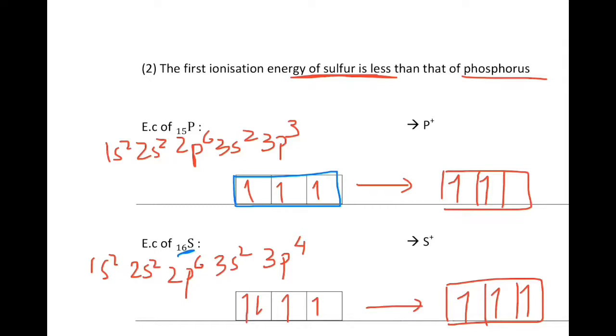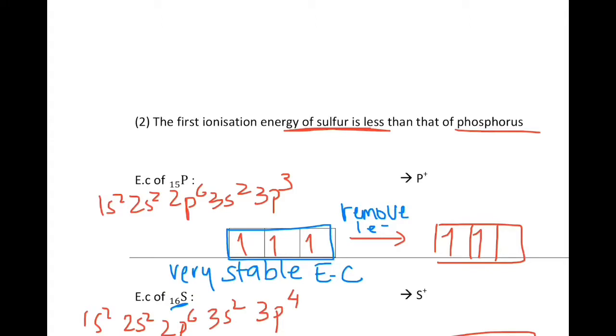The subshell is half-filled, which means that it has extra stability. So you're removing one electron from a very stable electronic configuration, so it's going to be more difficult.